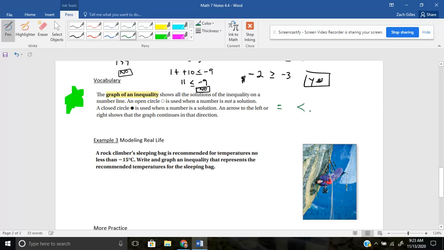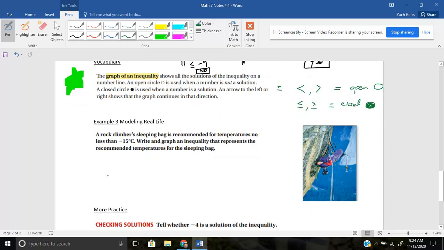If you're using less than or greater than, that means you need to use an open circle. If you're using less than or equal to or greater than or equal to, that means you need to use a closed circle. So like this, when you graph it on a number line. And I'll show you how to do that here.